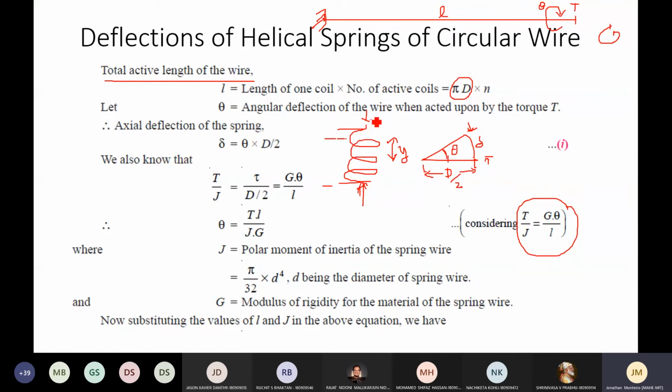Next, the wire will experience a deflection in its own axis, that is, it will start turning. So that is one more, called theta. As a whole, the spring will also start to bulge out slowly, maybe very small, but slowly it will bulge out. So that is a third deflection. Of course, this is a highly complex thing, but coming back to your question.